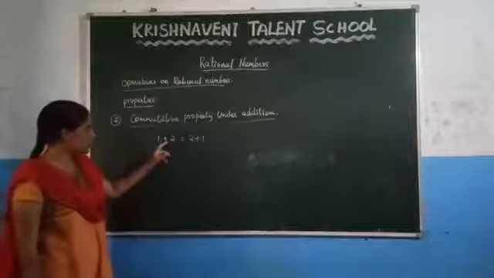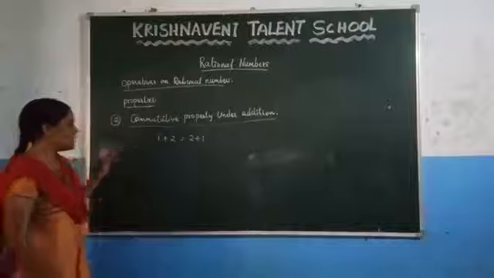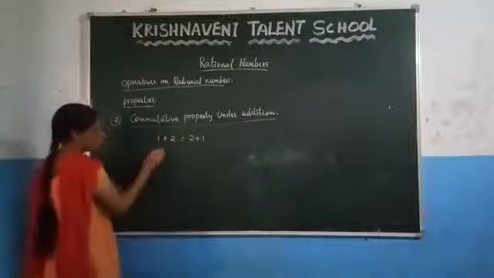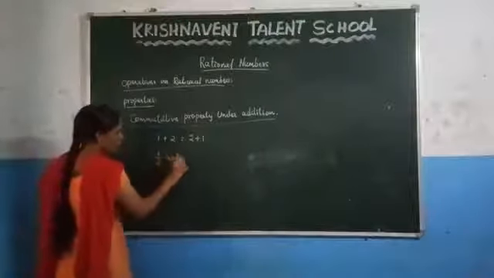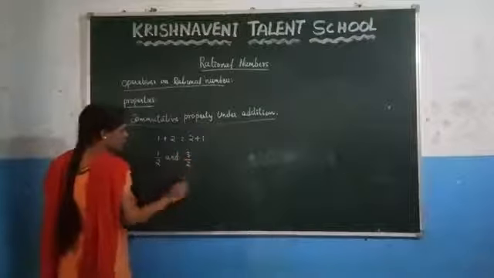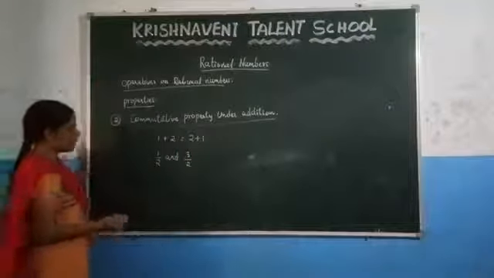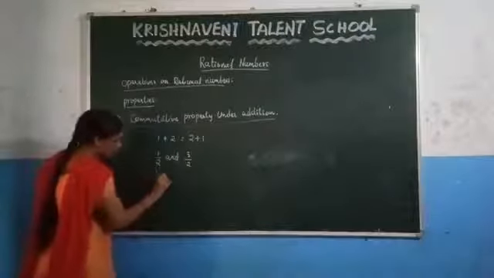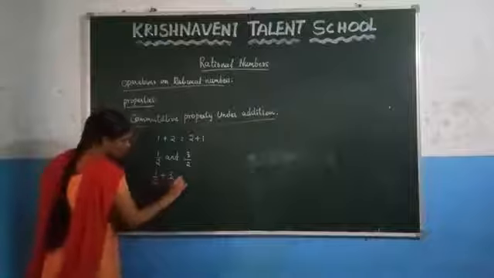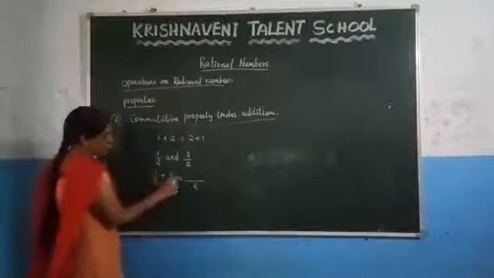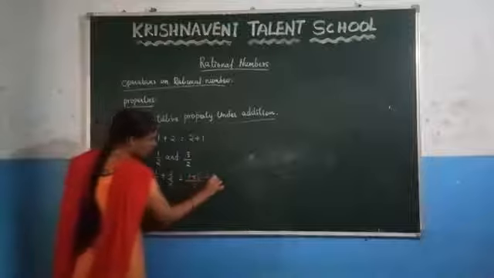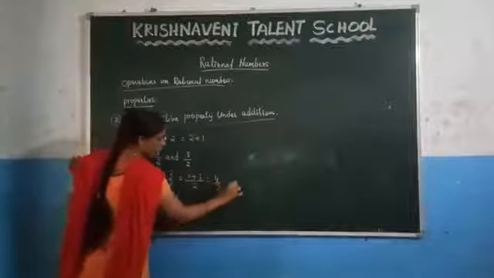Since we are doing the operation addition, let us consider two rational numbers, 1 by 2 and 3 by 2. Now if you add these rational numbers, 1 by 2 plus 3 by 2, here we get the denominator as 2 and 1 plus 3 which is 4 by 2, which is 2.